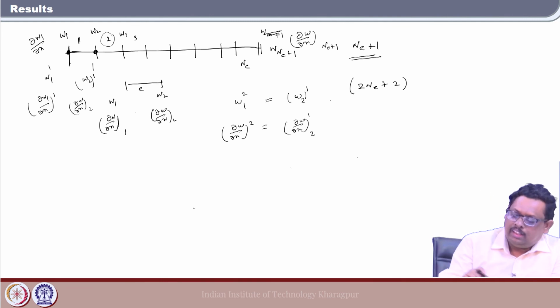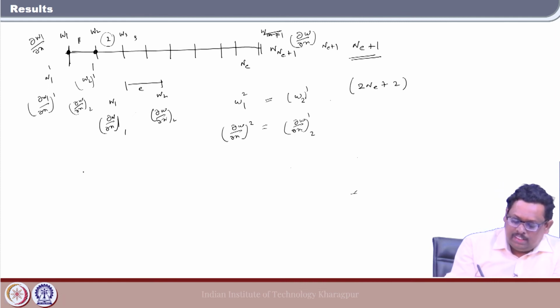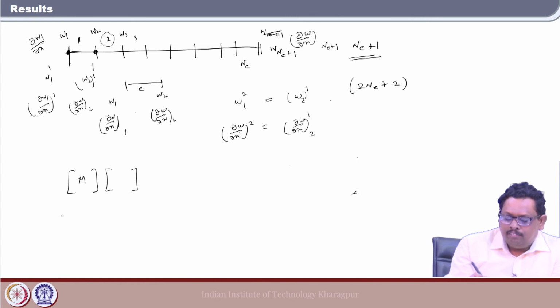Now, I need to write the whole thing in global form, as there will be no element. So, I need to write a global mass matrix M which is multiplied by w and of course del w del x.